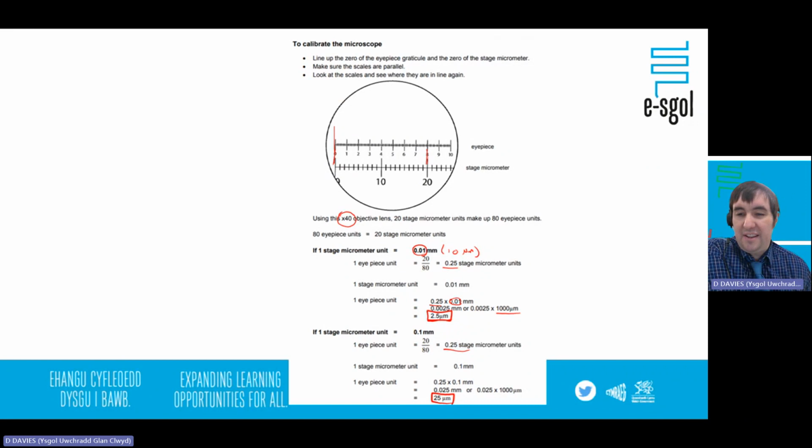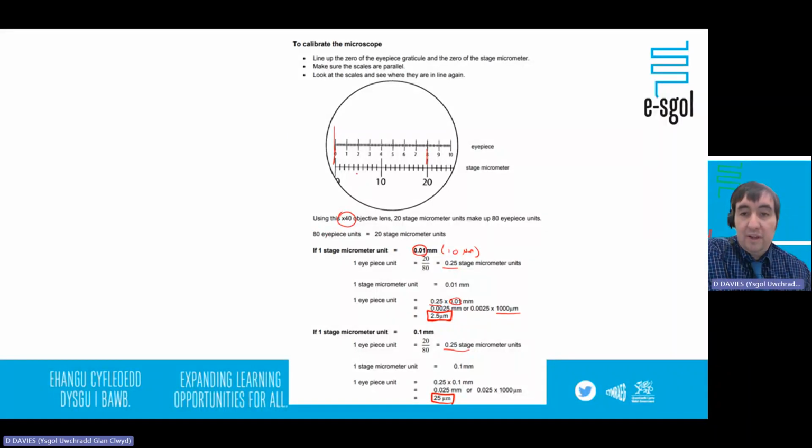That kind of makes sense, doesn't it? If this stage micrometer is 10 times that one, then we're going to be 10 times bigger.